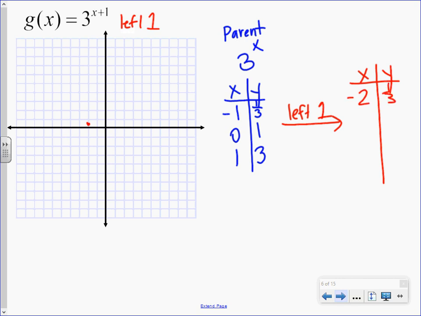And instead of 0, 1, I have -1, 0. And instead of 1, 3, I have 0, 3. We will still have the asymptote at y equals 0.